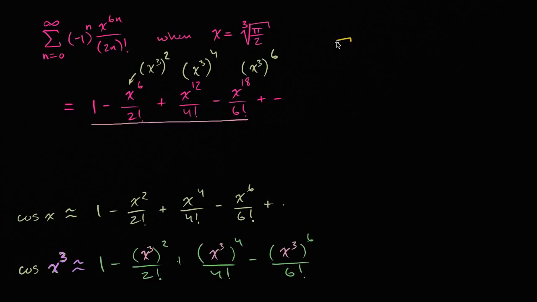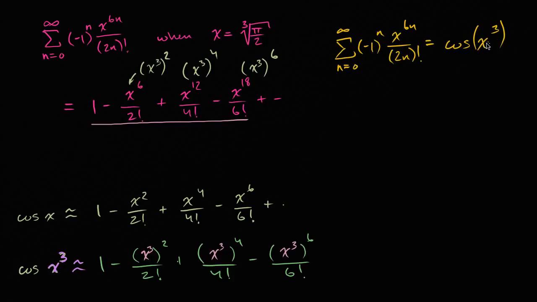I'll just rewrite it: the sum from n equals 0 to infinity of negative 1 to the n, x to the 6n over 2n factorial. This is the power series representation of cosine of x to the 3rd power. So if you want to evaluate this when x is the cube root of pi over 2, we just have to evaluate cosine of x to the 3rd when x is the cube root of pi over 2.